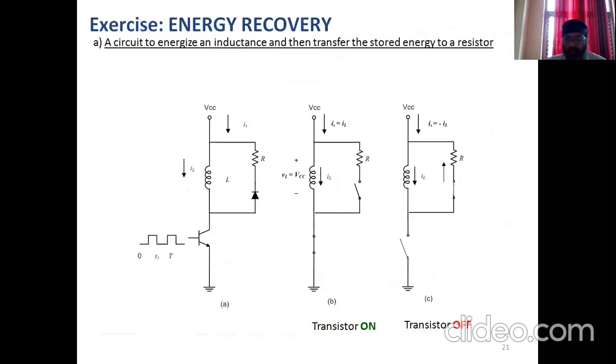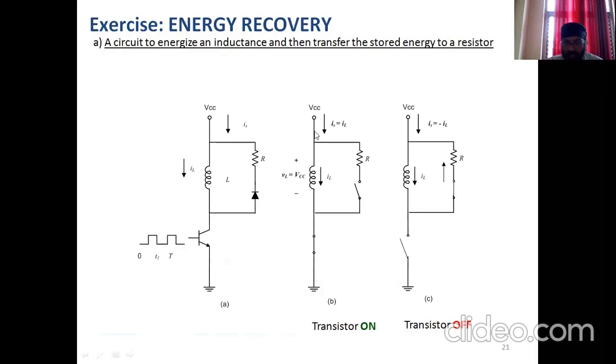Okay, again another example, just how the energy gets stored and then released. One example I'm describing over here, and the next example you have to do at home. A circuit would energize an inductance and then transfer the stored energy to a resistor. Same thing which we have done earlier mathematically.